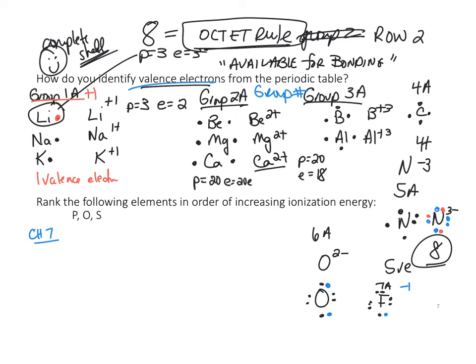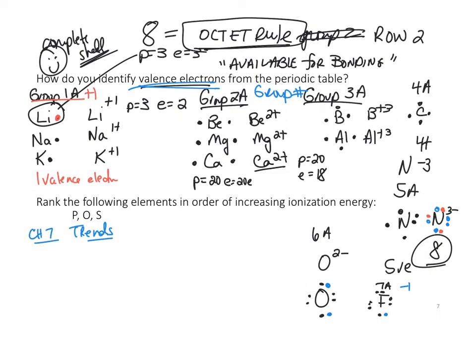I'm skipping over all the electron configurations. That's quantum, so we're skipping over that. But the valence electrons are going to be important. You have to count those to add them up. Now we're going to go straight to the trends. So you are responsible for the trends in Chapter 7 of the periodic table.